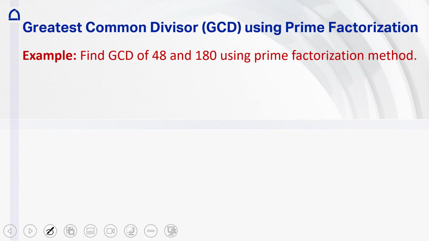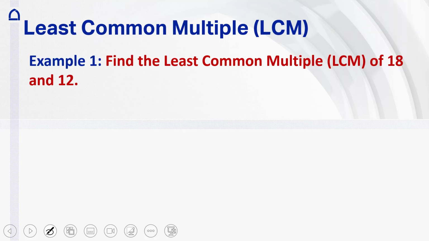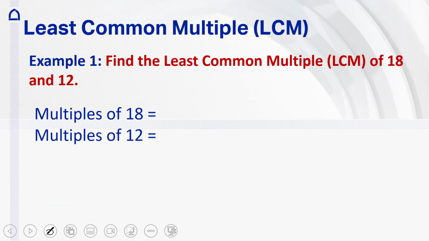Now let's go for how to get the least common multiple between numbers, right? So yes, you have to write the multiples of these numbers, because we are talking about common multiples. Multiple means I multiply this one by 1, by 2, by 3, by 4.